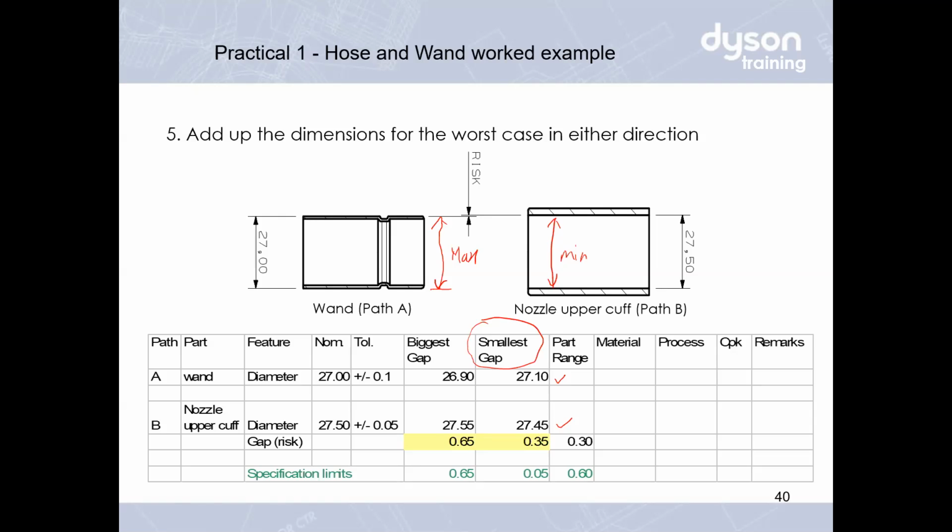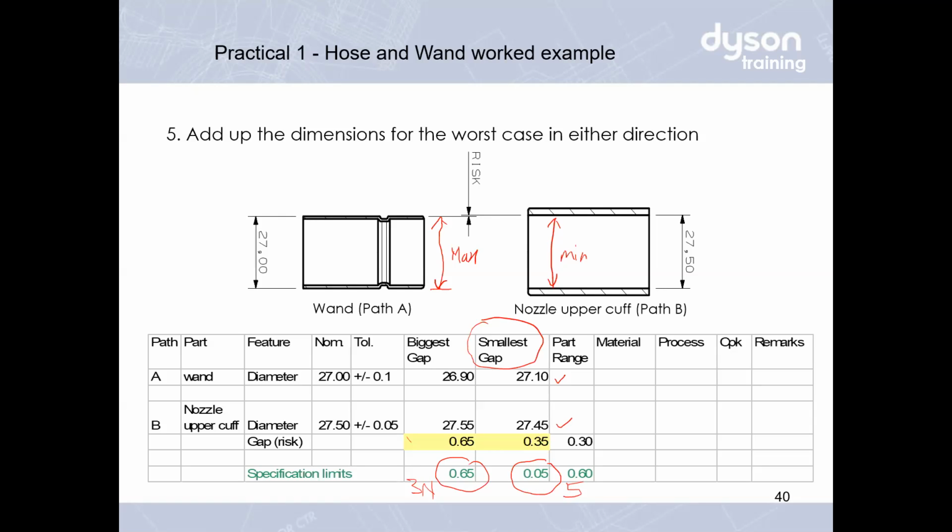I know that 3 Newtons happens when the gap is 0.65, and 5 Newtons, the force required to assemble the component, happens when the gap is 0.05.